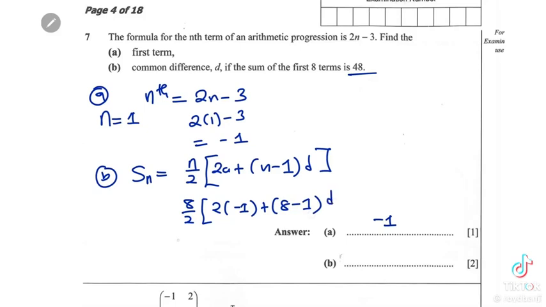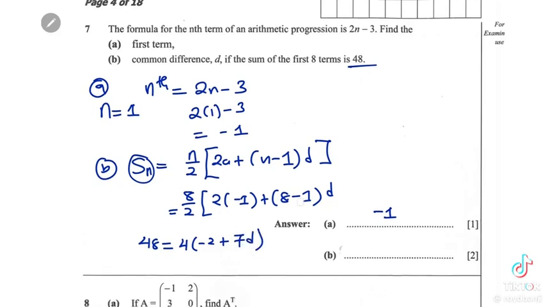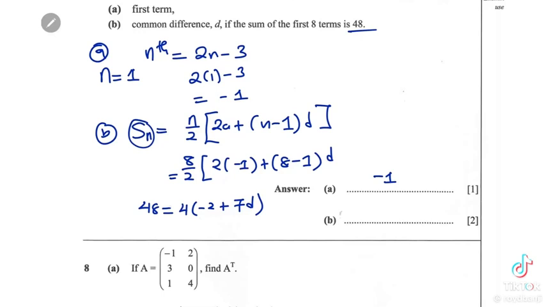Then d. So what are we going to have? Here, the sum given is 48. So 48 is equals to 4, this is just the same as 4. Inside here is negative 2. Then here, that is the plus 8 minus 1 multiply d. So it will be 7d. Then, of course, I can open brackets, but I can divide here to remove this 4.